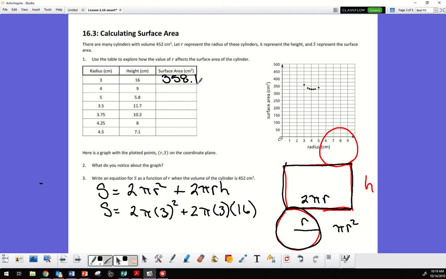So it's 2 pi times, so this times my r, which is 4, times 9, your h. Enter.